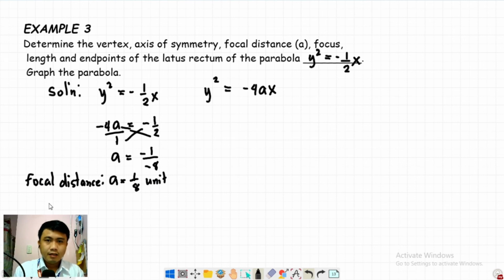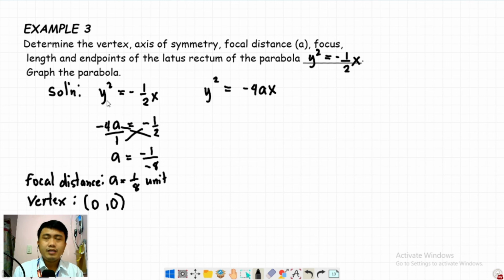Of course, we know that when this is the given equation of the parabola, automatically our vertex is located at 0, 0. And as you see, what do you think is the opening of our parabola?